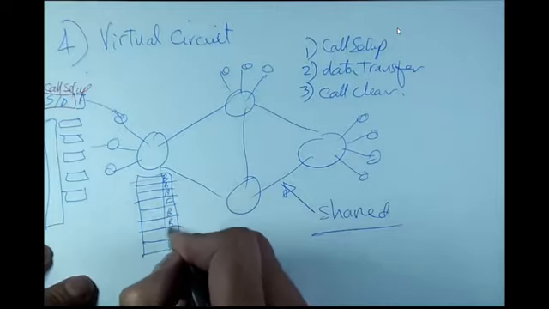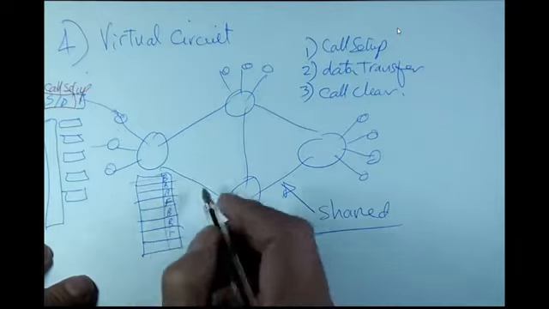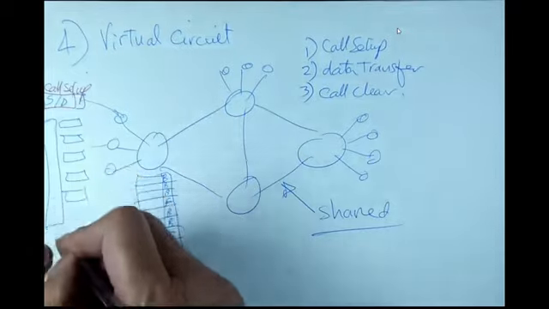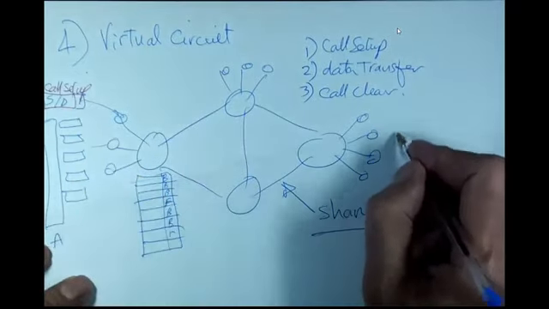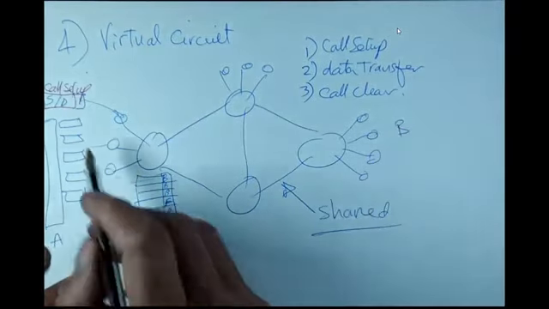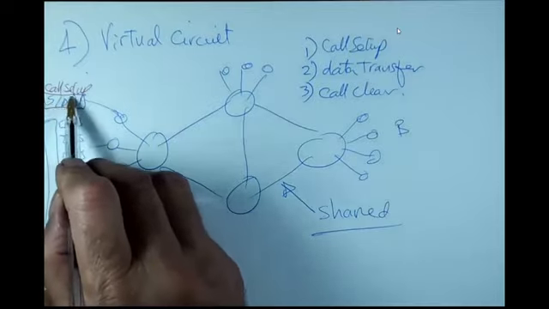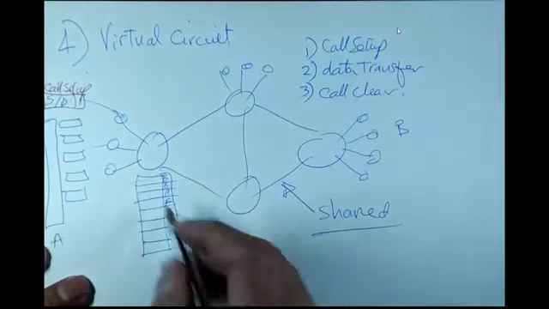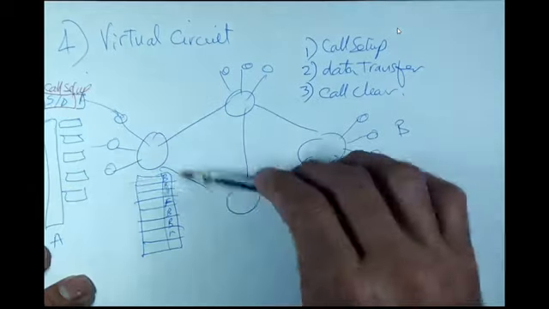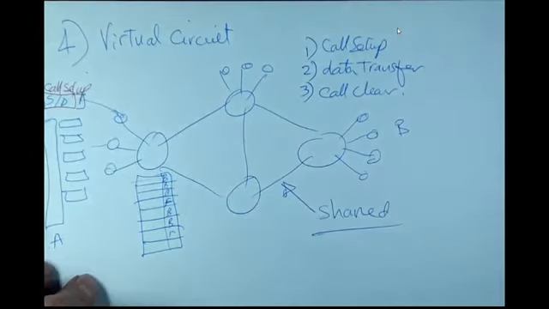Busy or free. So anytime this guy here, let's say this is user A, wants to communicate with user B, he puts here A and B, that's their addresses. So when this router gets it, it says first, hold on, can I take another call? Maybe I already have 10,000 callers. It might refuse you.